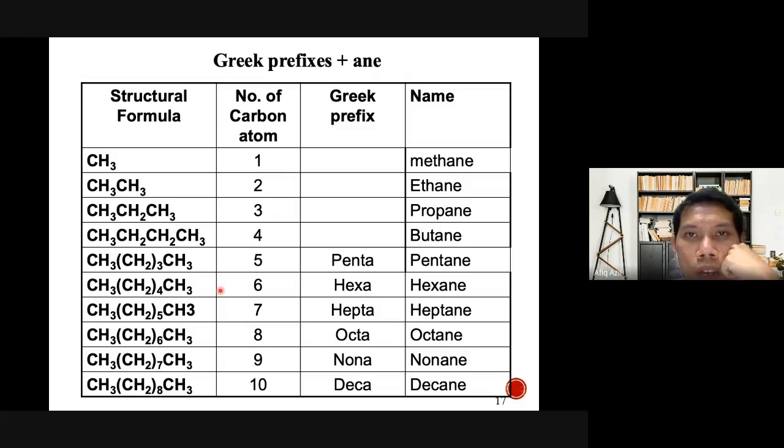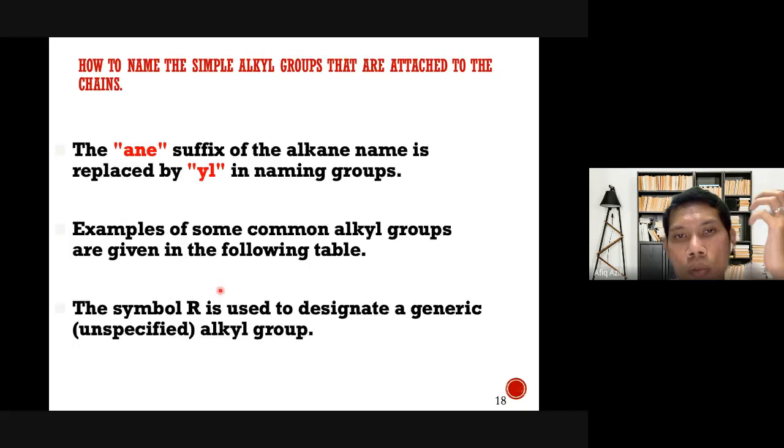But then you have one CH3 group probably attached to the third carbon. That will make it a substituent, which is no longer known as an alkane, but as an alkyl group. So the A-N-E suffix of the alkane name will be replaced by Y-L in the naming of groups.